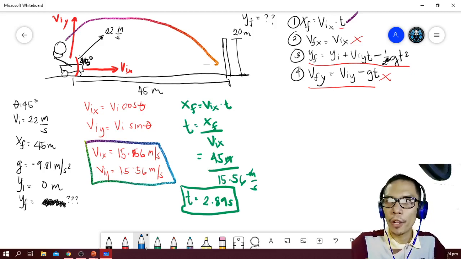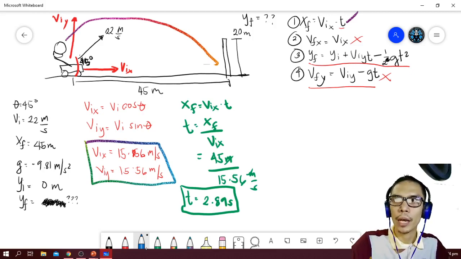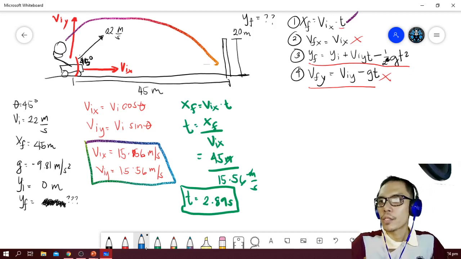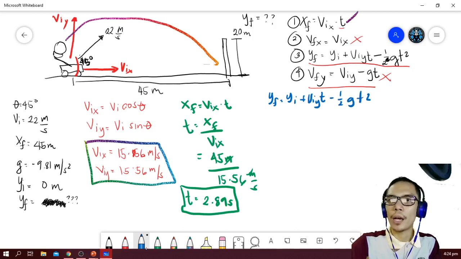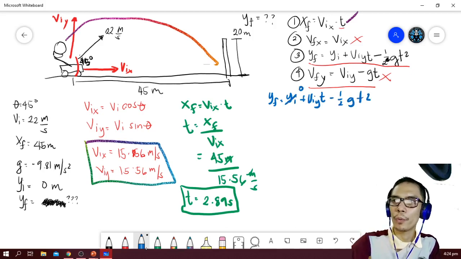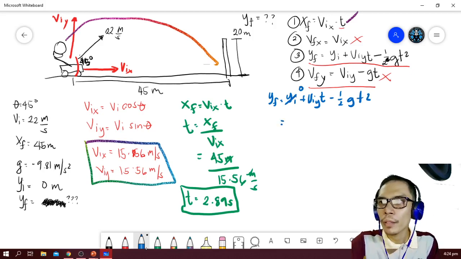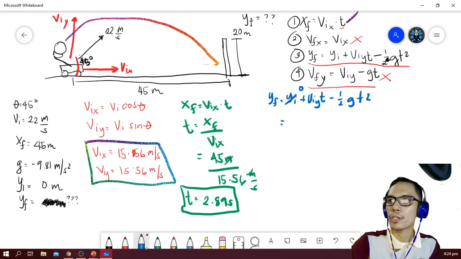Now since we have the total time, we will find out if the rock will make it through the castle wall. Let's compute for this one. We will use this formula: yf is equal to y sub i plus v sub iy times time minus 1/2 g t squared. Since y sub i is 0, we can ignore that one and proceed with the computation.